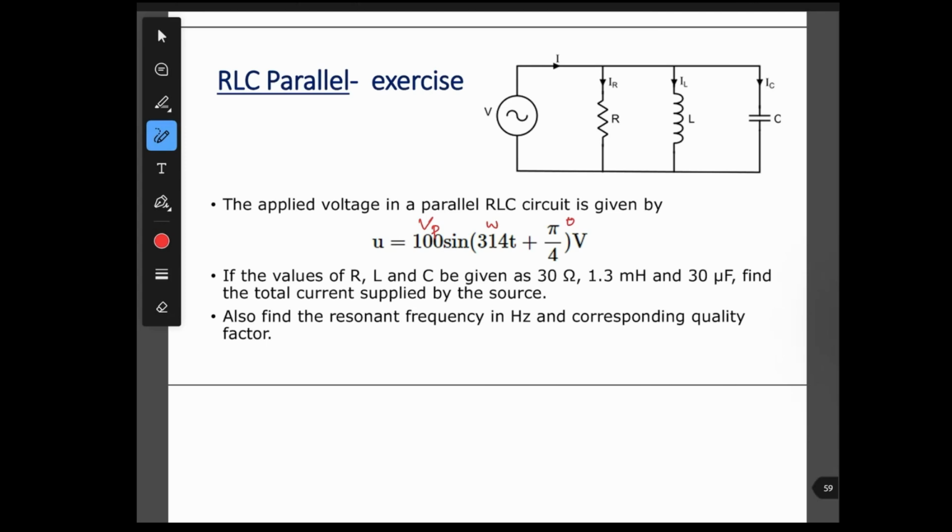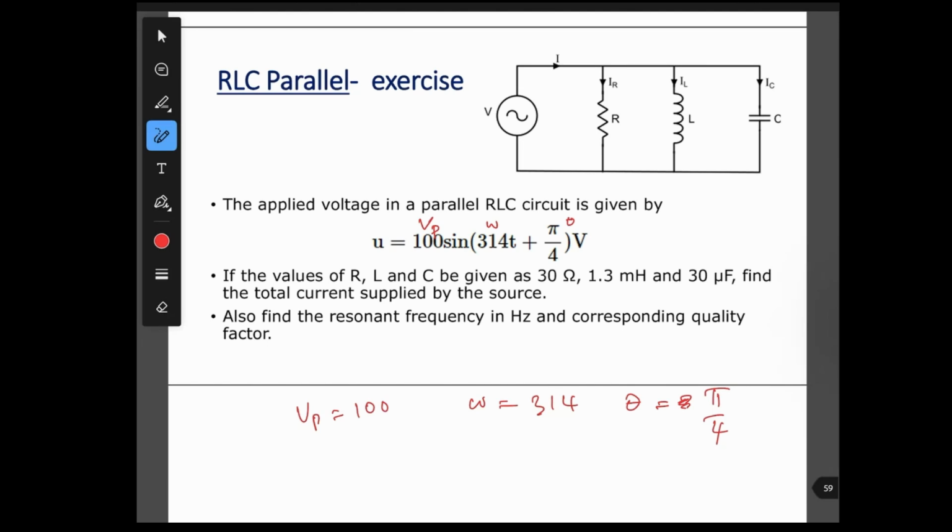V peak equal to 100, omega equal to 314, theta equal to pi over 4, where pi over 4 is 180 divided by 4, which is 45 degrees.